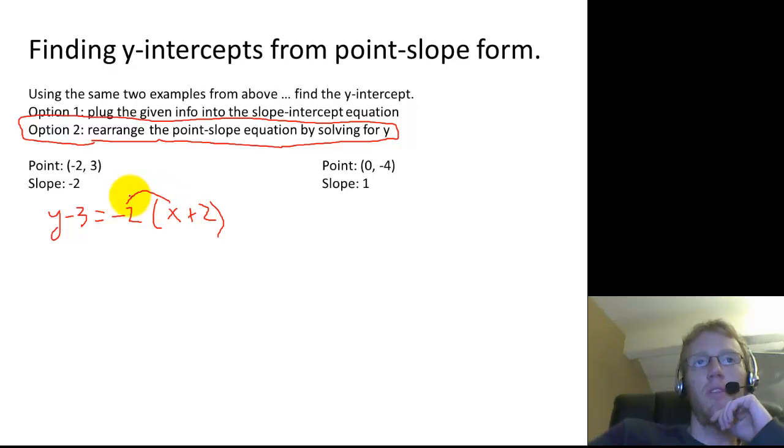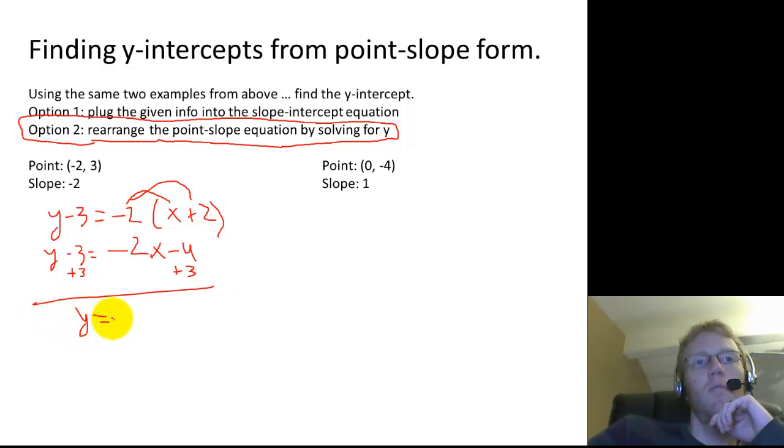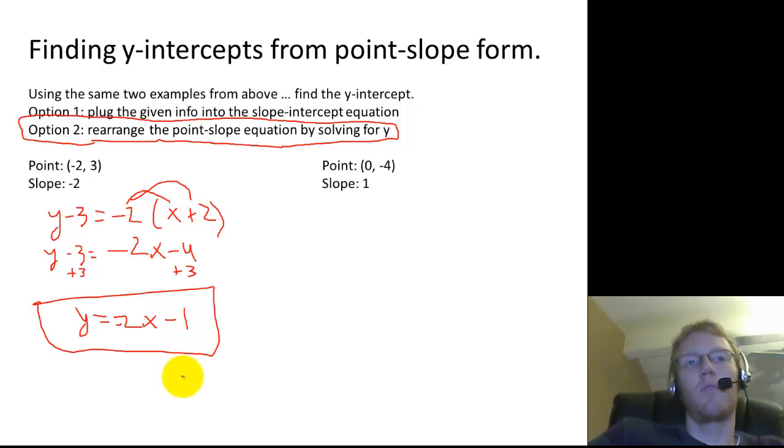To do that, we distribute the -2 in and get -2x minus 4. Then we can add 3 to both sides, and we get y equals -2x, and -4 plus 3 is -1. So we get y equals -2x minus 1.